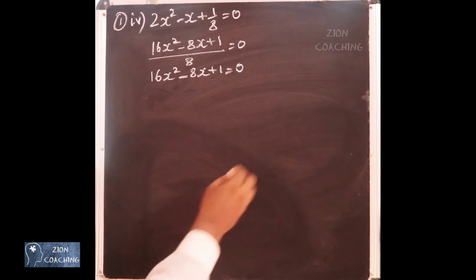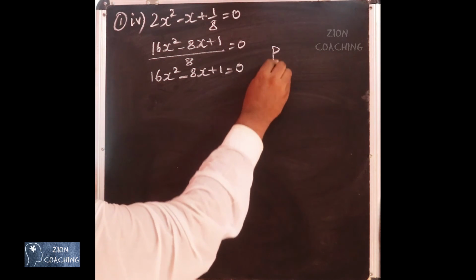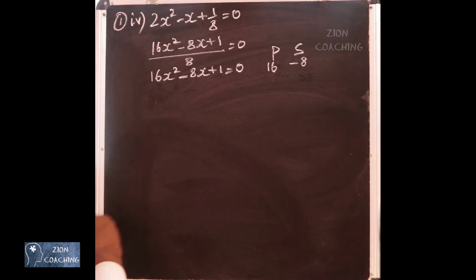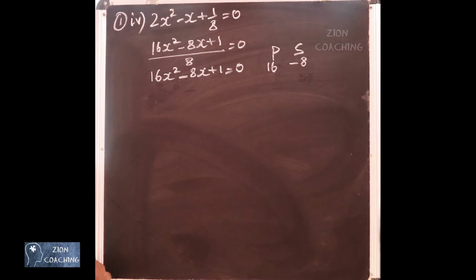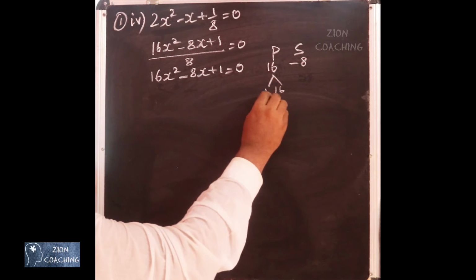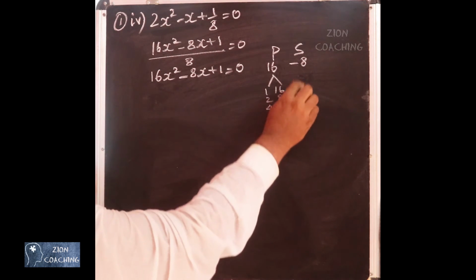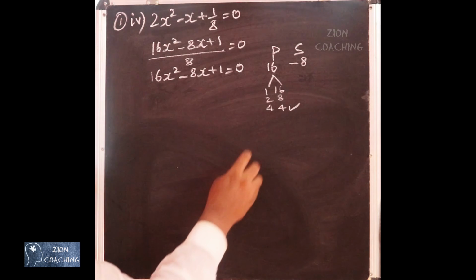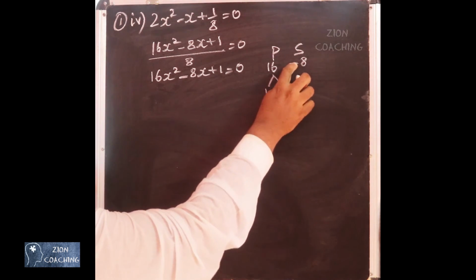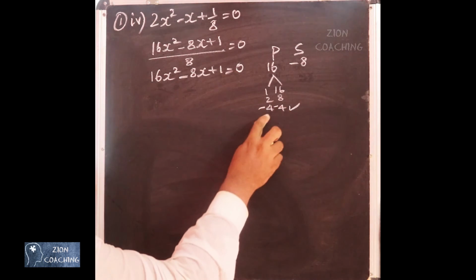When you see the quadratic equation, your product term is 16 into 1, that is 16. Your sum term is minus 8. Now the factors of 16 are 1 into 16, 2 into 8, 4 into 4. This one is suiting the sum term. 4 into 4 is 16, but since the sign here is negative, we are going to take both the numbers to be negative.